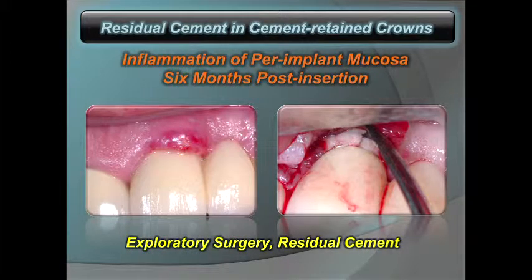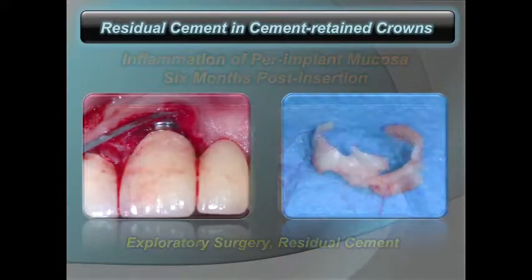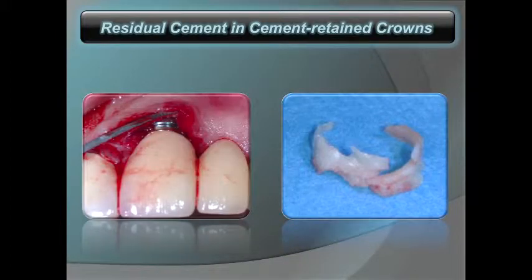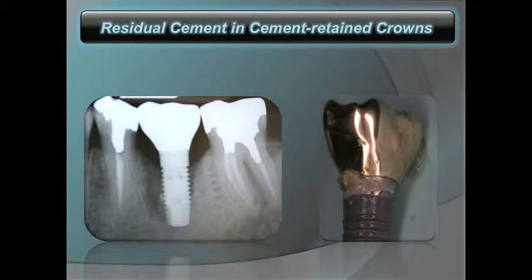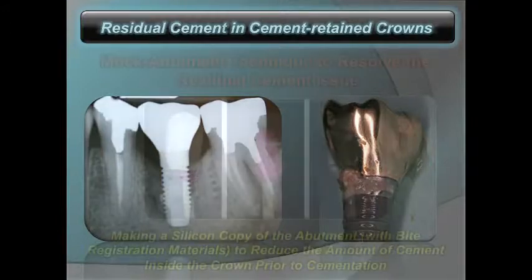As you can see in these cases, the implant was placed, you get the inflammation, you do the exploratory surgery, look what is there. And of course, you can see that the cement went down all the way. Another case, a lot of cement here, and look at this one, it's almost gone.